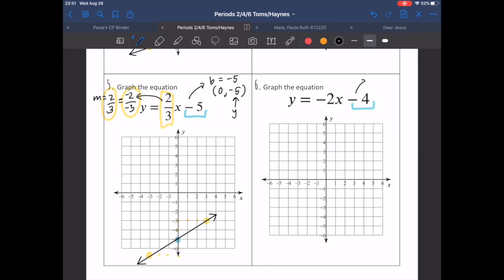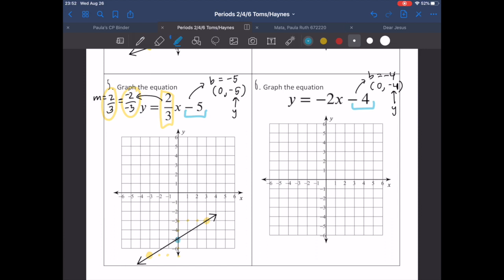All right, now let's go to question number 6, and we have this right here, -4. -4 tells us that our b is equal to -4, and our starting point is 0, -4. This is our y, so we have to make sure we're looking at our y-axis when we're plotting our b. When we plot that y-intercept, we have to look at the y-axis.